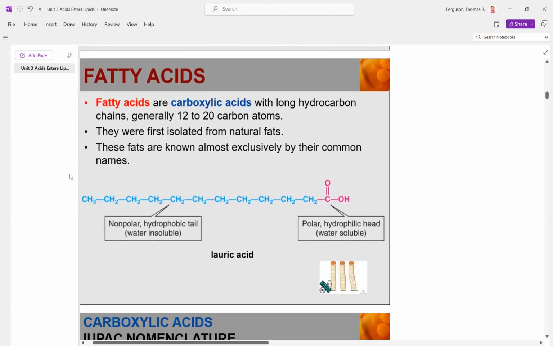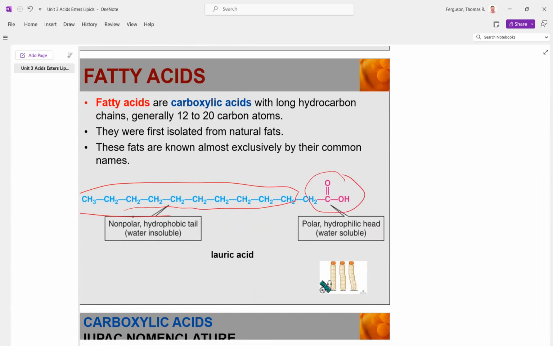Now, fatty acids are long acids, anywhere from 12 to 20 carbons. And they get much longer than 20. They go up to like 28. And they're characterized by a big, long, nonpolar tail with a very polar acid end.